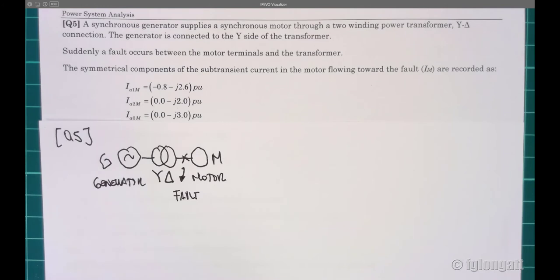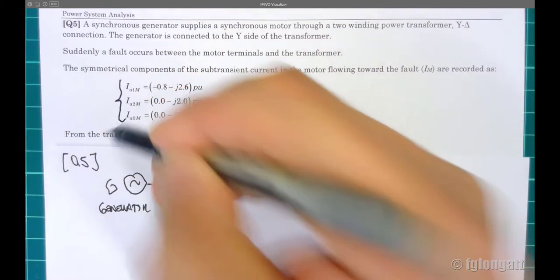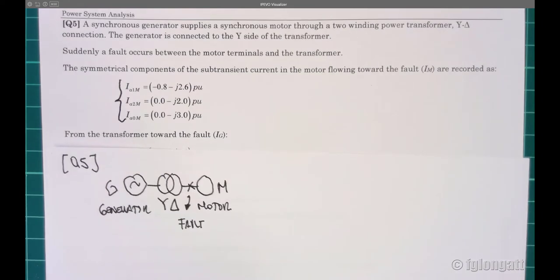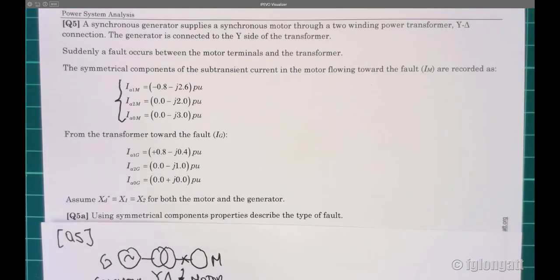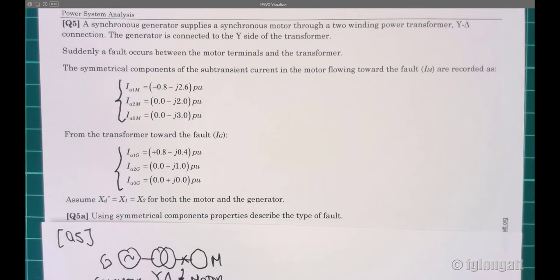However, somebody ran the calculations, or gives you some phasor measurements, and we get here the current that is coming from the motor. We have positive, negative, and zero sequence, and then we have the current that is coming from the generator towards the fault.